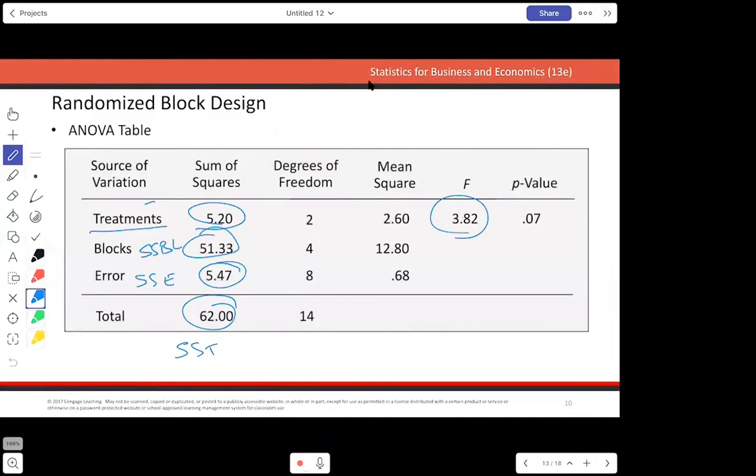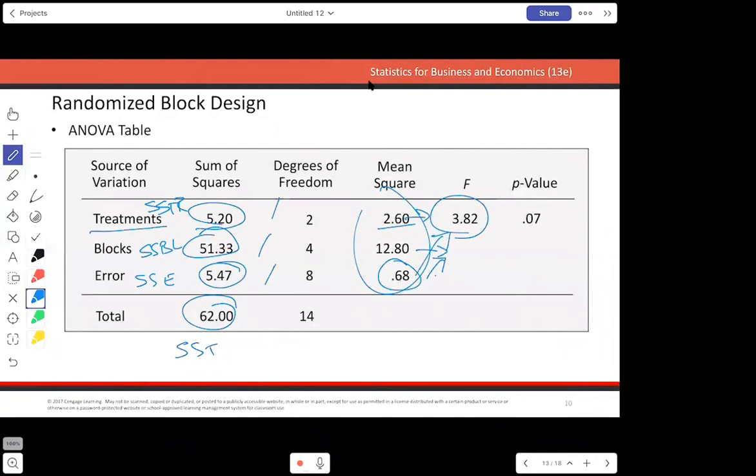And then here are the degrees of freedom. If we divide these values, we'll get the mean square. And then if I divide the 2.6 by 0.68, I will get the F for MSTR. If I were to divide the 12.8 by 0.68, I will get the F for MSBL.